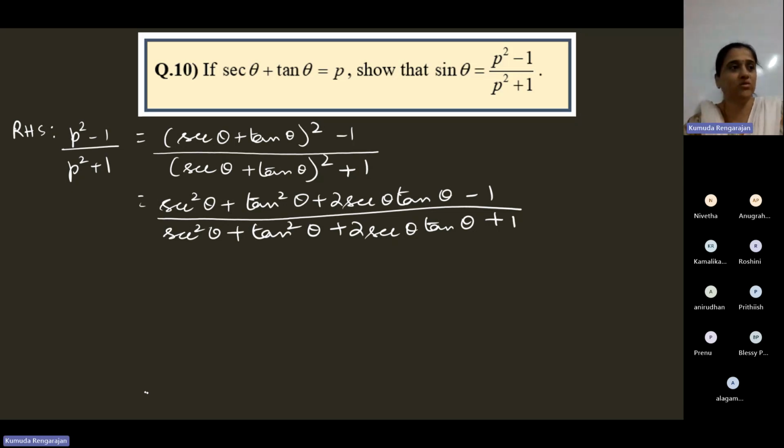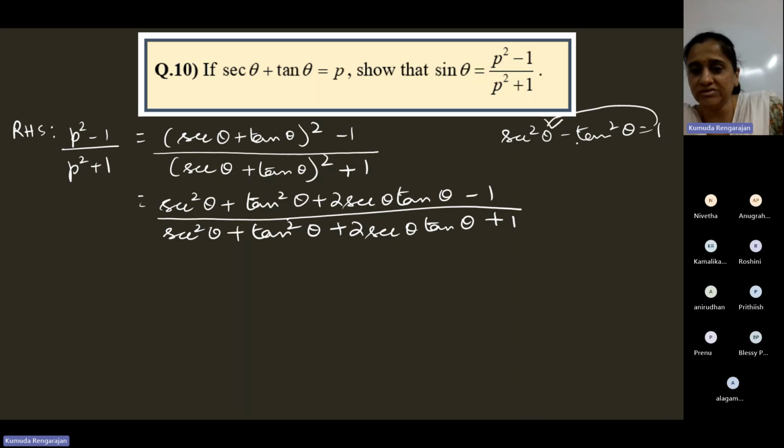Secant square theta minus 1. Secant square theta minus 1 is tan square theta. But tan square theta minus 1, from that identity, you cannot write anything. Secant square theta minus tan square theta is equal to 1, so secant square theta minus 1 is equal to tan square theta.